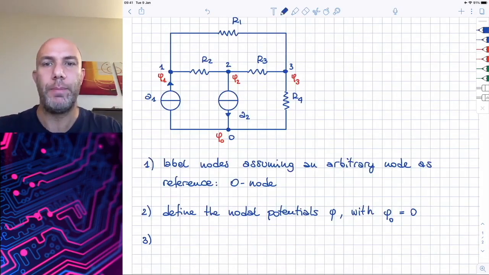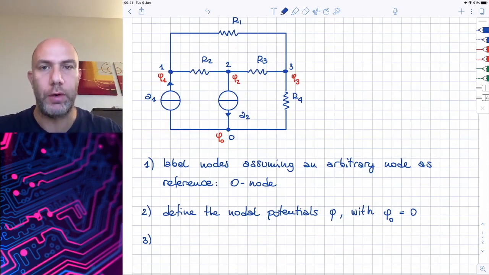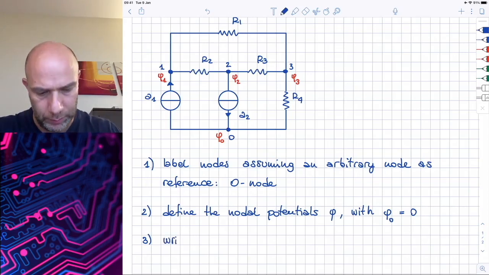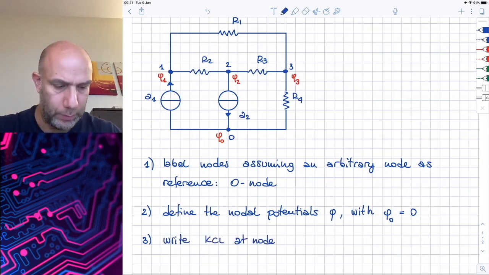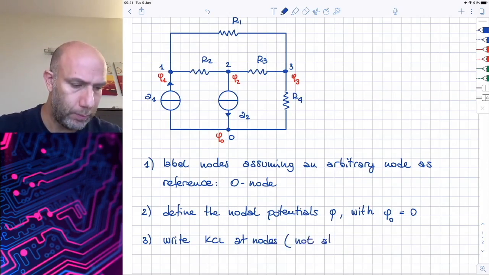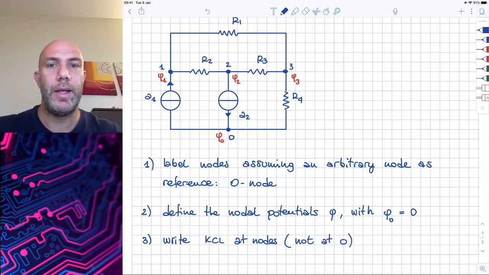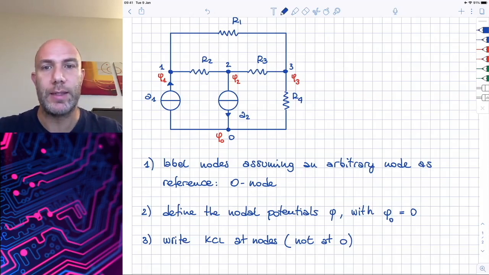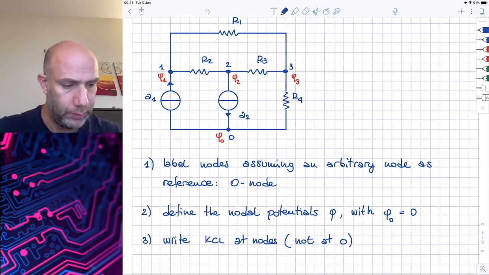The third step is to write Kirchhoff current law at nodes without considering node 0. And let's consider as a convention the plus sign for currents that are flowing outside the node.